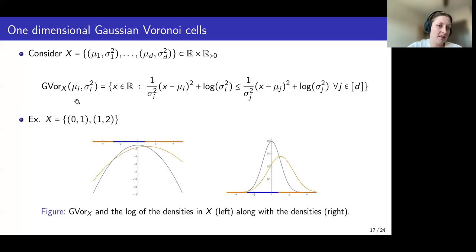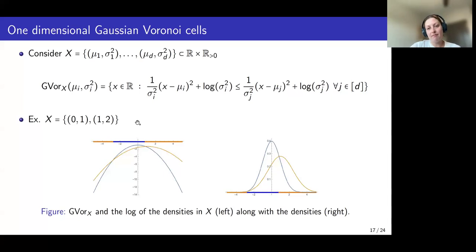And so here's a little example of d equals 2 again. I've got two Gaussians, and the picture on the left is the log of the densities, and the picture on the right is the actual densities. What you can see is these Gaussian Voronoi diagrams weakly partition the real line. Everything in orange would get classified as the second Gaussian, and everything in blue would get classified as the first.